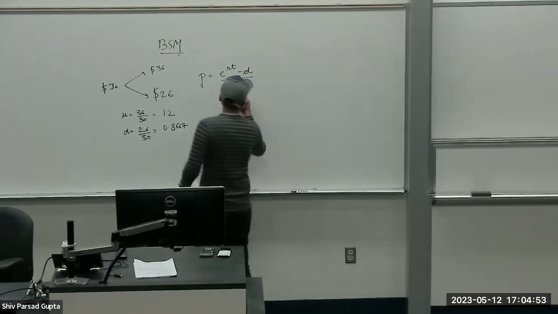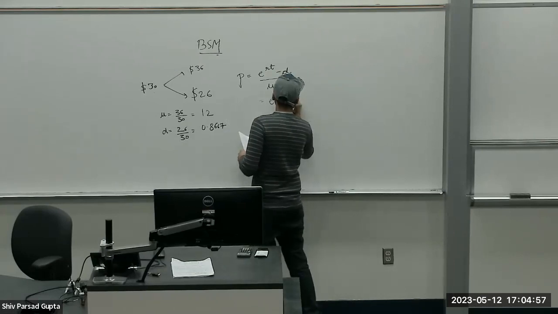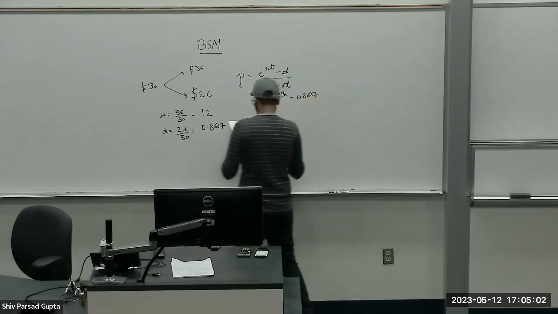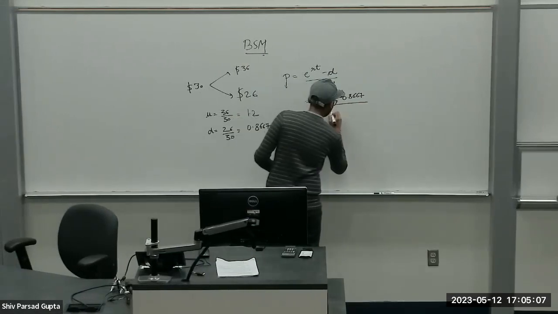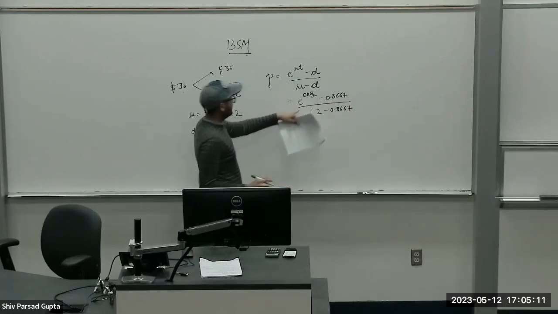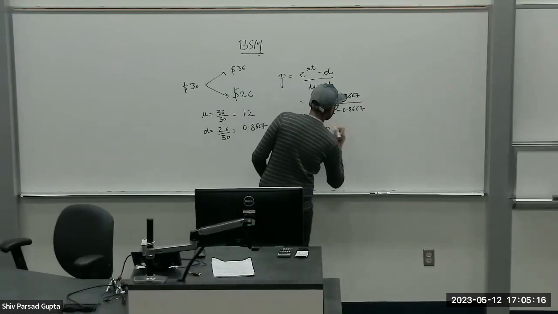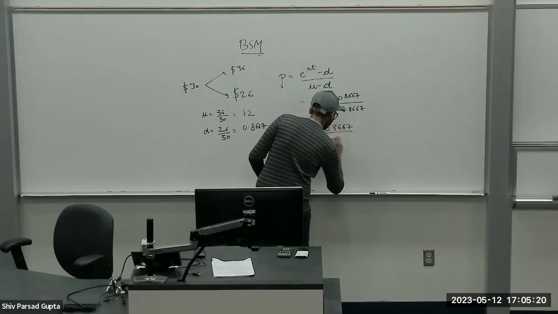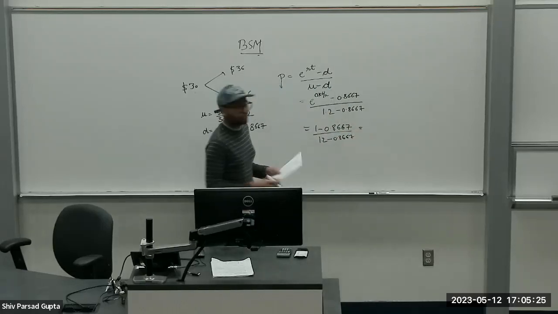So it's 0 into time, which is 6 by 12, minus d, which is 0.8667, and u is 1.2 minus 0.8667. We know anything to the power 0 is 1, so it will be 1 minus 0.8667 upon 1.2 minus 0.8667. If you calculate this, you will get 0.4.